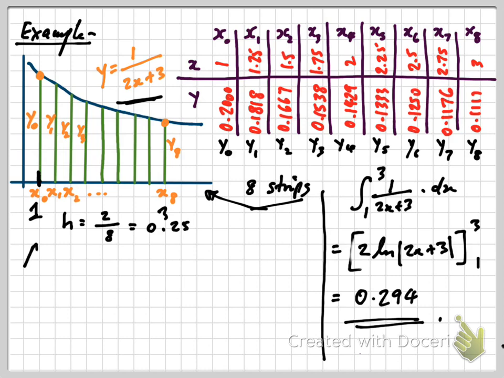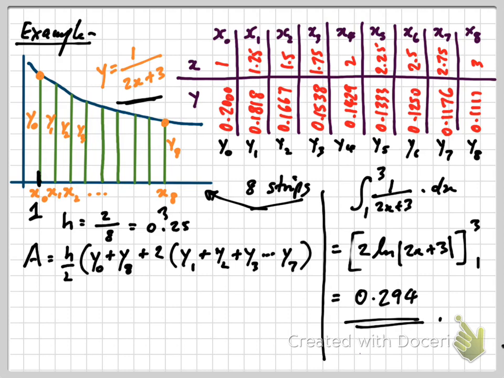The area by the trapezium rule would be h over 2 into y0 plus y8, where yn is y8, plus 2 times y1 plus y2 plus y3 all the way to y7, which is the second last there.